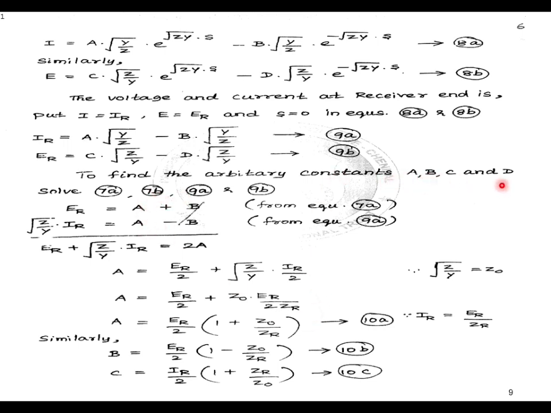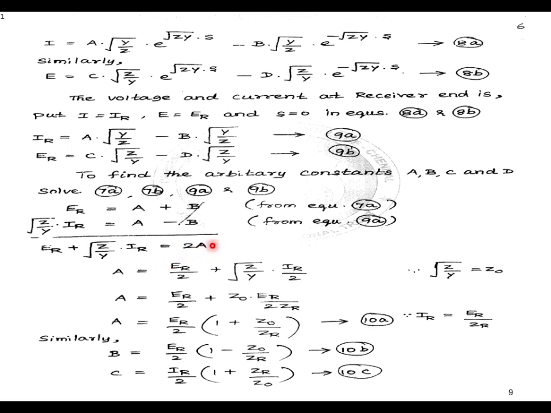So we are taking equations 7a and 9a. 7a is ER equal to A plus B, and equation 9a is root of Z by Y into IR equal to A minus B. If we add these two equations, B is cancelled and ER plus root of Z by Y into IR equal to 2A.